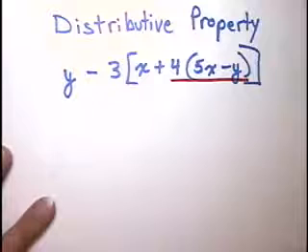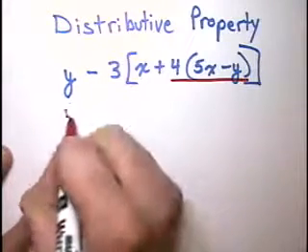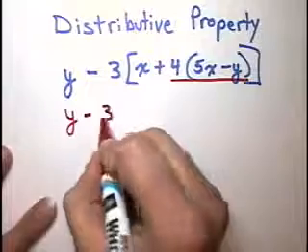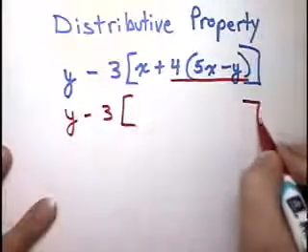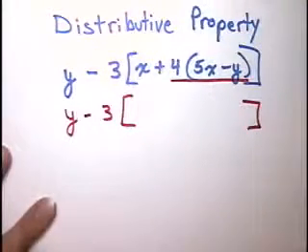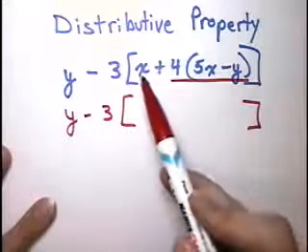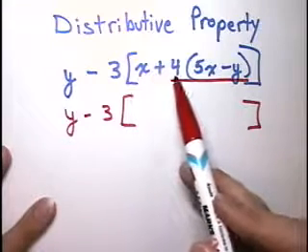When you try to evaluate this problem, don't look at the entire problem, but let's start inside the brackets. So for a moment, I'm going to leave my y minus 3 and my brackets alone, and we're going to concentrate on just the part inside the brackets. There I see x plus 4.